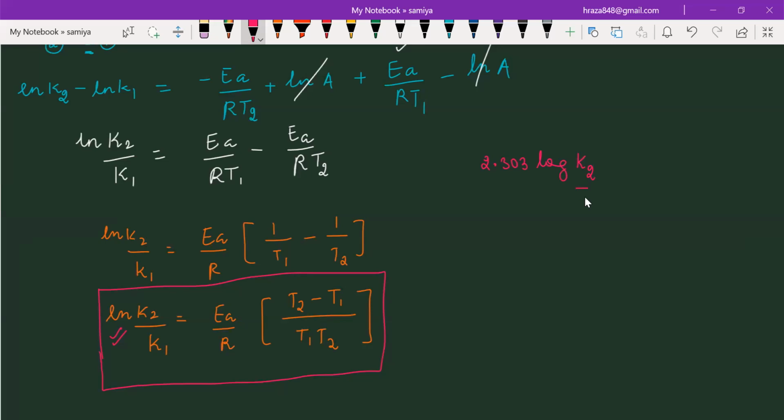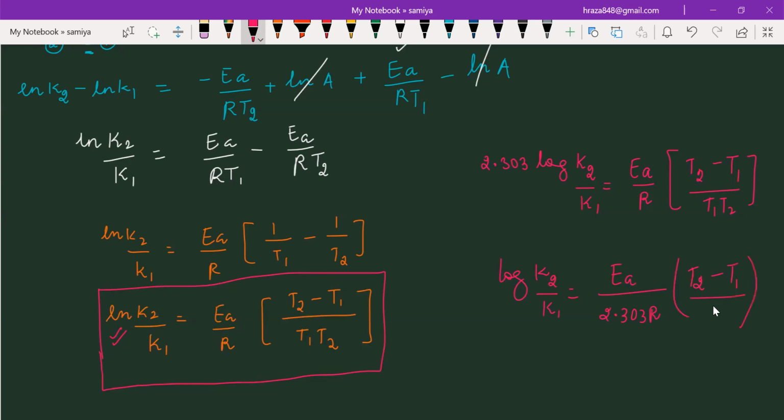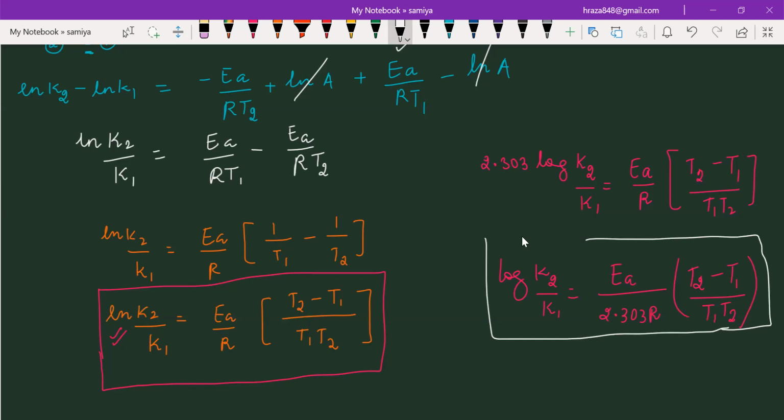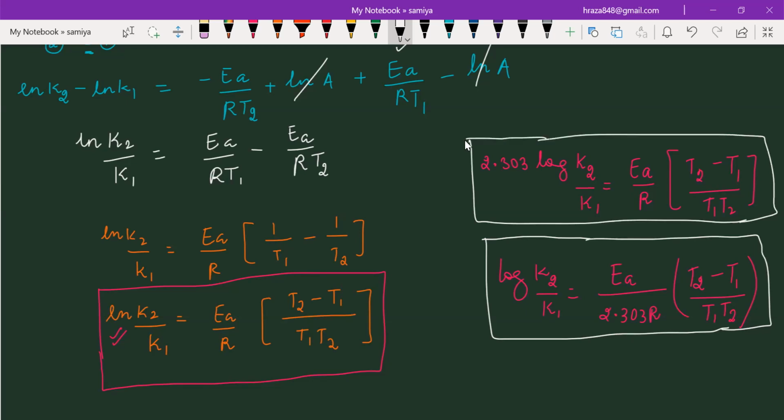It will be log K2 upon K1 will be equal to EA upon R into T2 minus T1 upon T1 T2, and we can also write log K2 upon K1 will be equal to EA upon 2.303 R, and then T2 minus T1 upon T1 T2. Please write it and let me know when you are done.